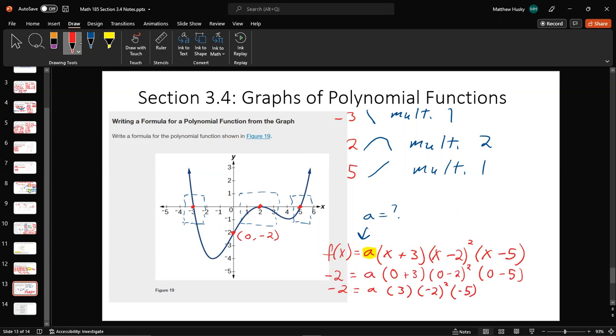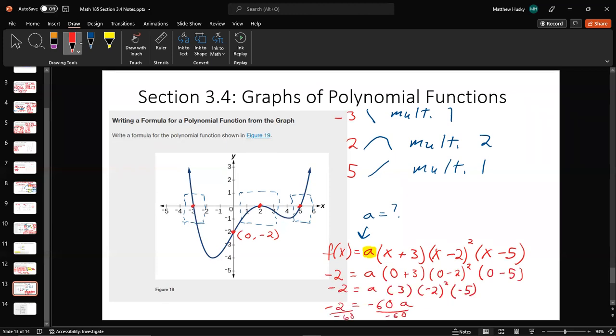So -2 should equal, that'll be 4. 4 times -5 is -20. -20 times 3 is -60. So you have -60a. Our goal is to solve for a. If we divide by -60, we will get an a value of 1/30.